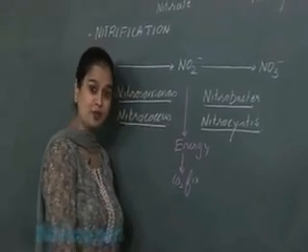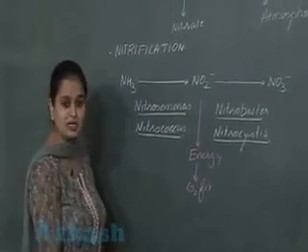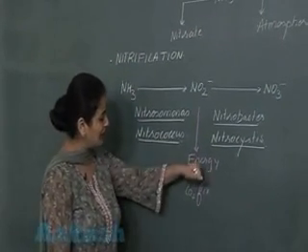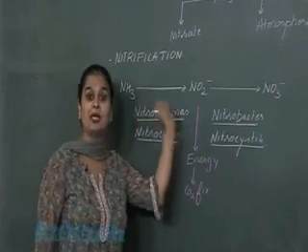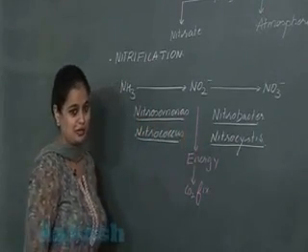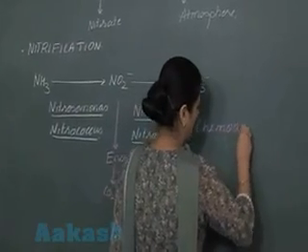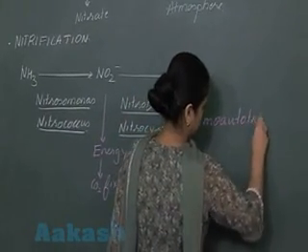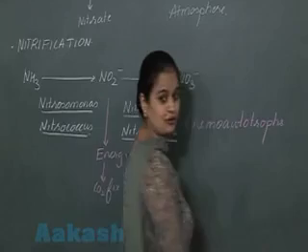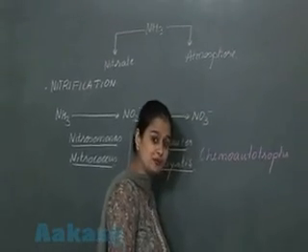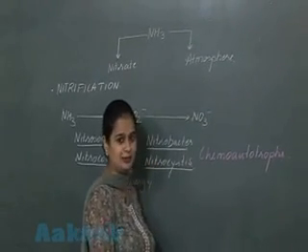It means these bacteria can form their food through the energy obtained from chemical reactions. This category of bacteria, very well known to all of you, is called chemoautotrophs. For the synthesis of food, they use chemical energy.